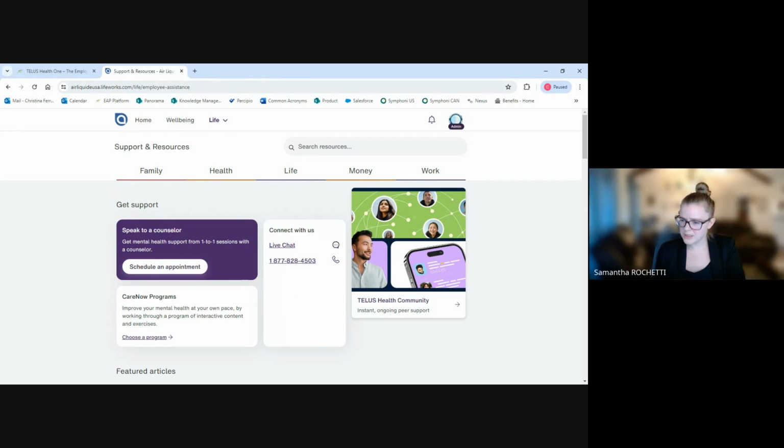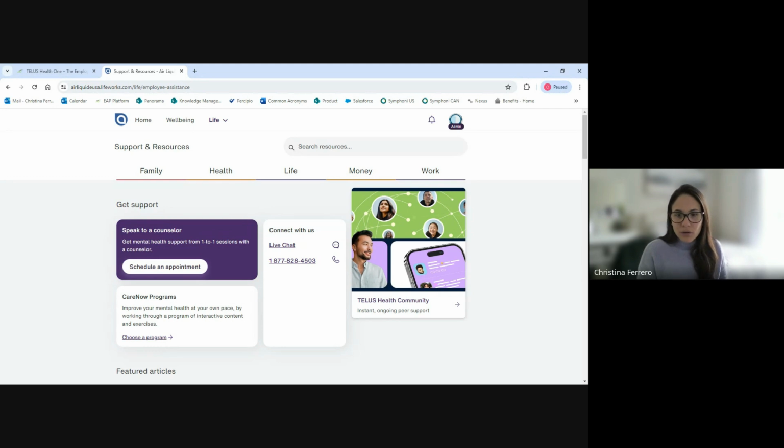Do they need to provide any information for their dependents when they are receiving support? Nope. So the good thing about the login information that you have and also the phone number is that they know that it is specifically for Air Liquide.